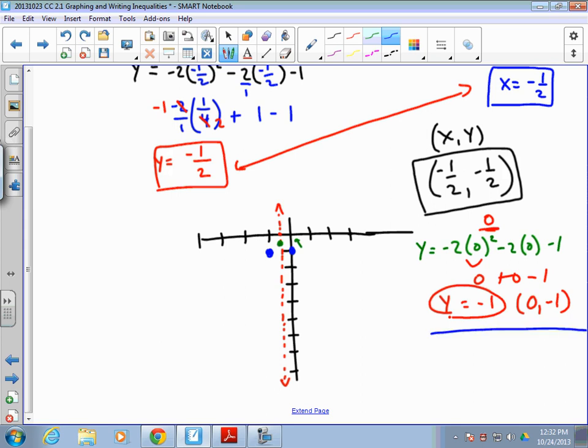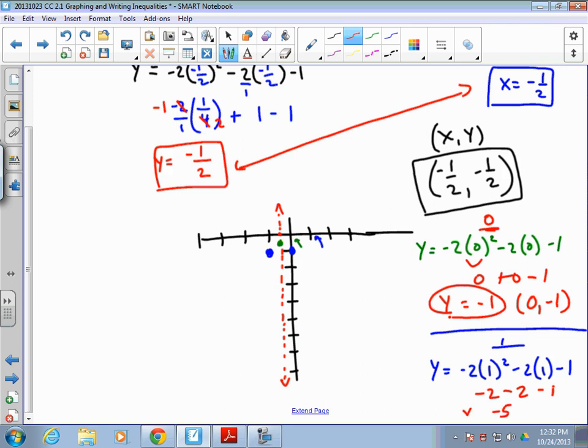The next x value over is 1. So when we plug in 1, y equals negative 2 times 1 squared minus 2 times 1 minus 1. 1 squared is 1. 1 times negative 2 is negative 2. Negative 2 times 1 is negative 2, minus 1. Negative 2 minus 2 is negative 4, minus 1 is negative 5.